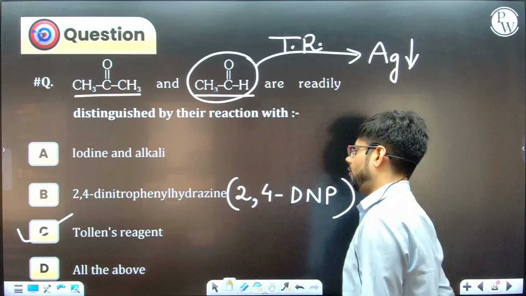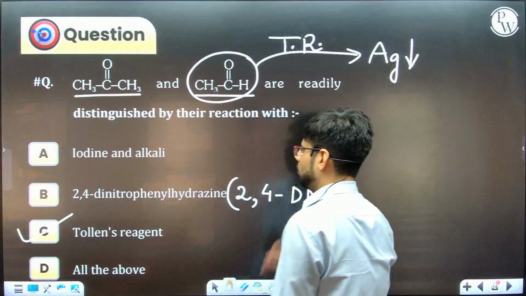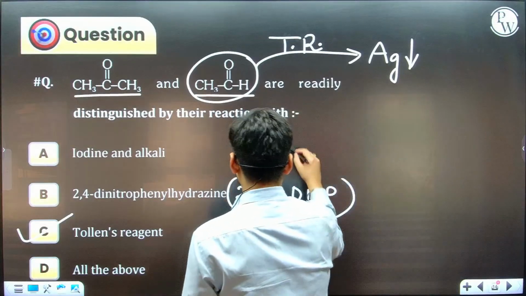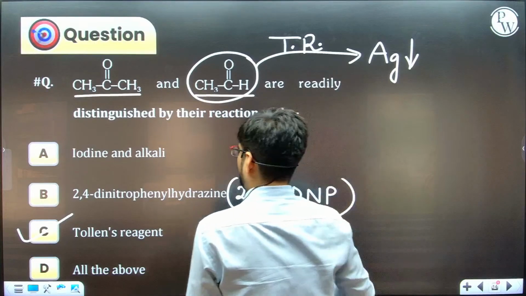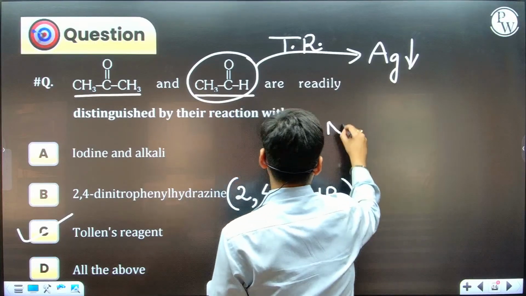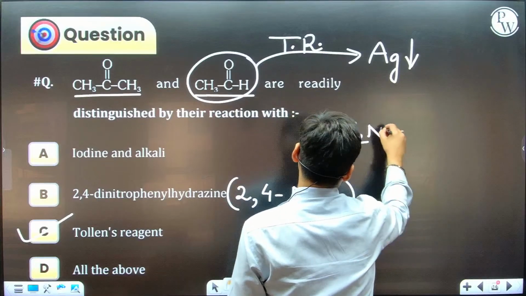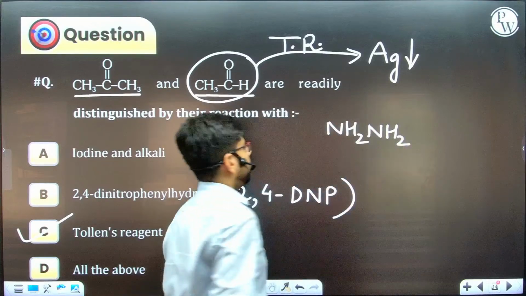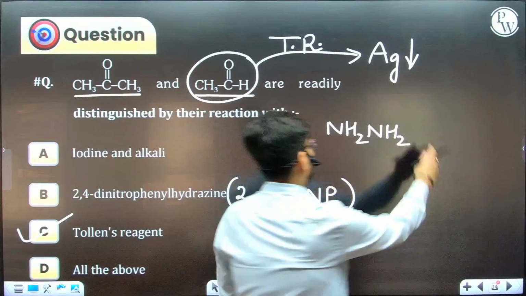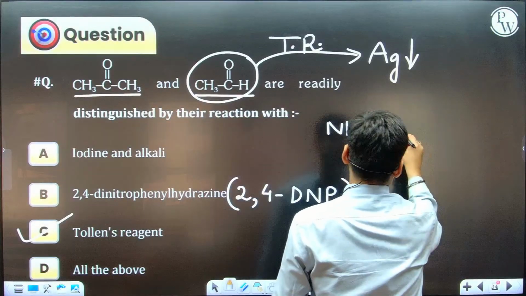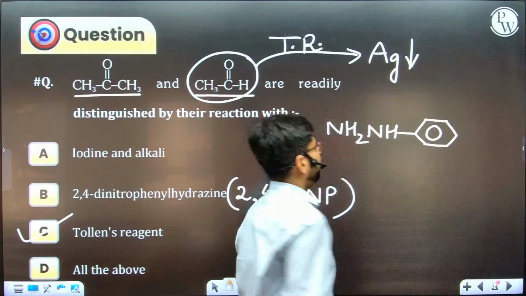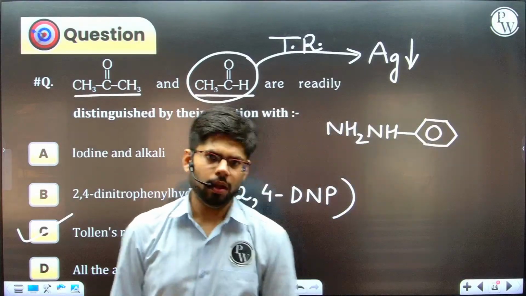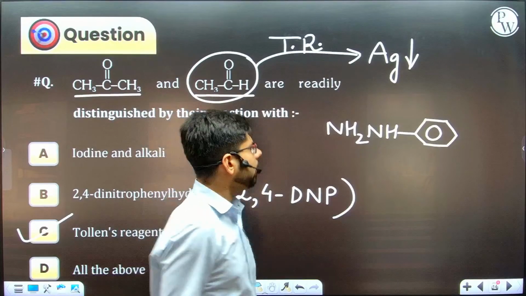Now what is the formula? How do you represent 2,4-DNP? If I have to show the structure, okay. Now see, hydrazine. This is hydrazine, NH2NH2. If I replace one hydrogen atom with a phenyl ring, this will be called phenylhydrazine.